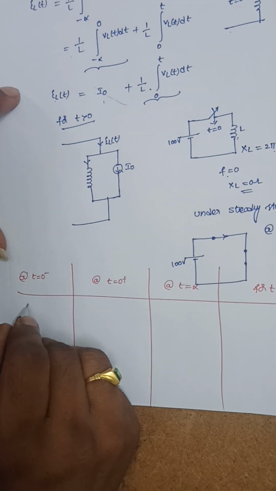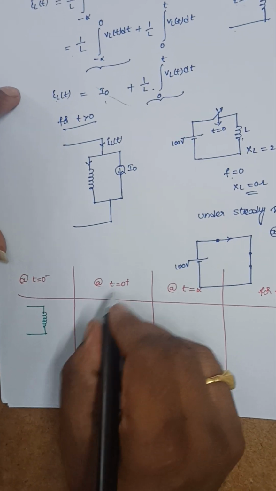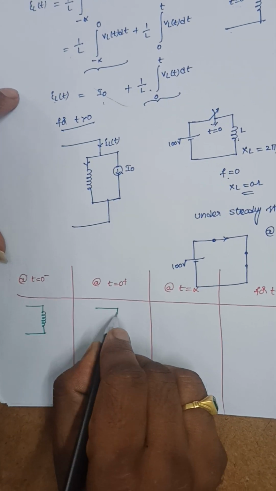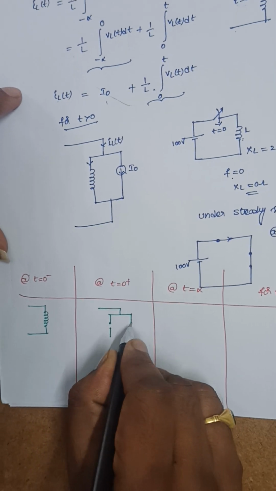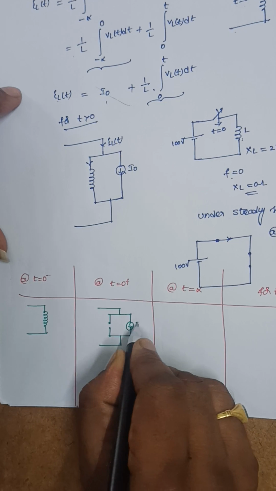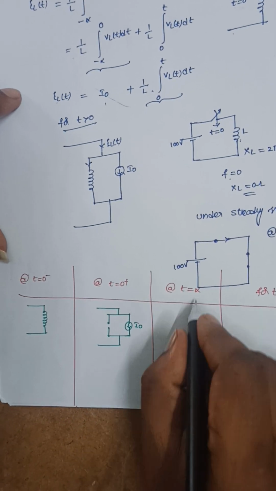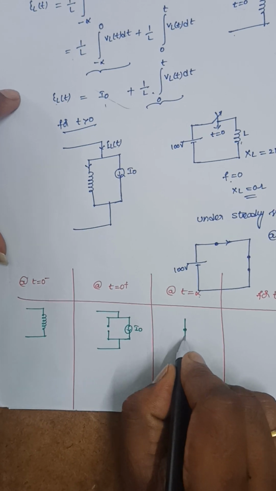At t is equal to 0 minus, this is the inductance representation. At t is equal to 0 plus, as I just explained, this will act as an open circuit, and whatever current is initially flowing, I need to represent this current here, it is I0. At t is equal to infinity, this inductor will act as a short circuit.